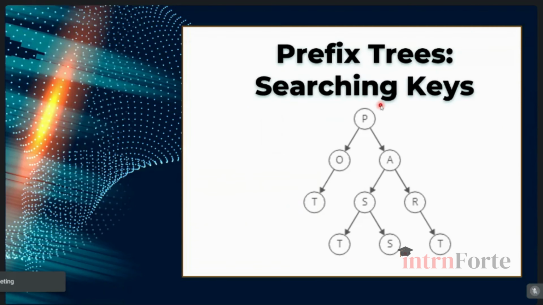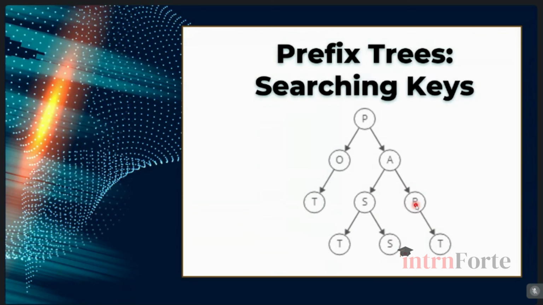The search operation can be many different things, but basically any kind of search operation becomes more optimized, because instead of having to search through four different words once each, we just search through this single data structure because the prefixes have been combined, and it's much more efficient. So if you want to search through this, we will say, oh, P, okay, then we check P has two children, O and A, then we go through A, A has two children, S and R, and so on. That way, search becomes much more efficient.